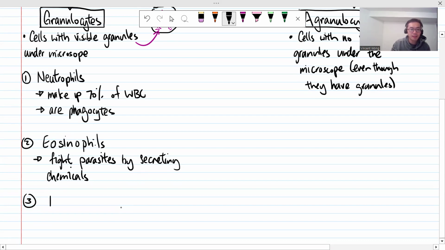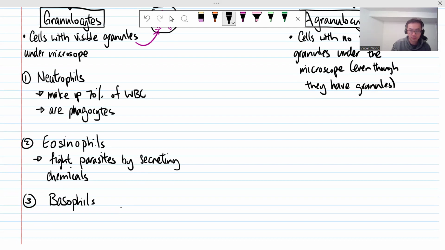Number 3, we have another one. It's called basophil. Basophils, they are responsible for triggering inflammation.